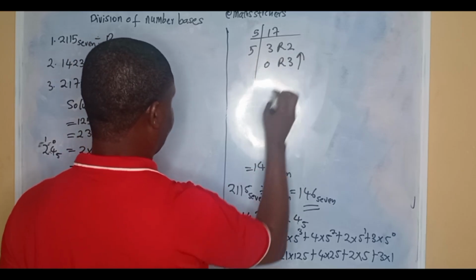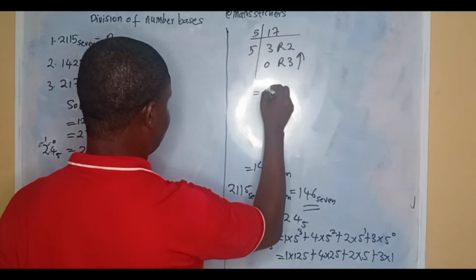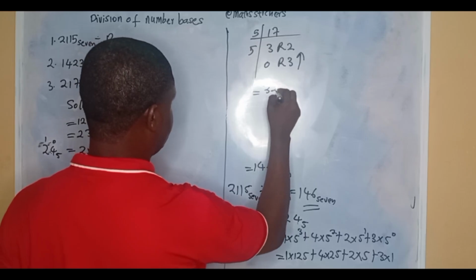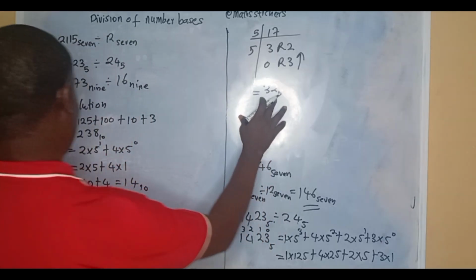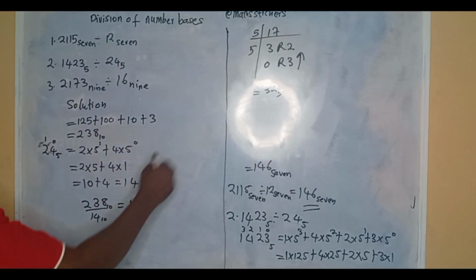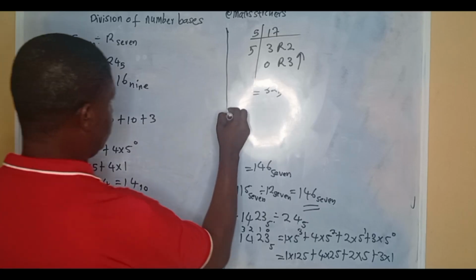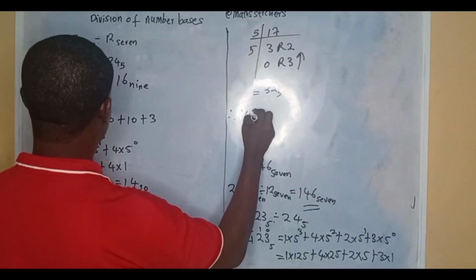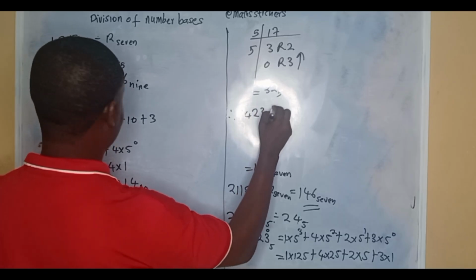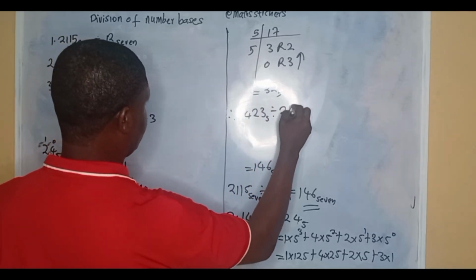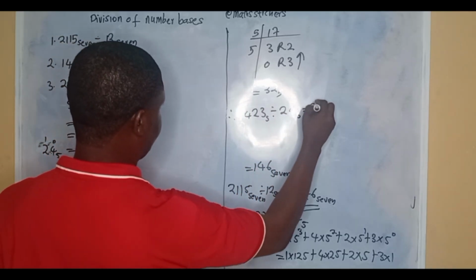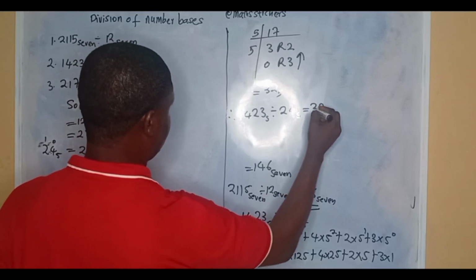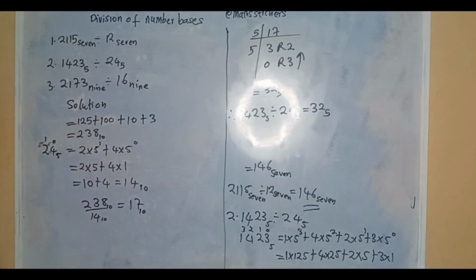So you count upward and that will give us 32 in base 5. So we have converted our answer to base 5. So that means that 1423 in base 5 divided by 24 in base 5 will give us 32 in base 5. Okay. So this is our answer.